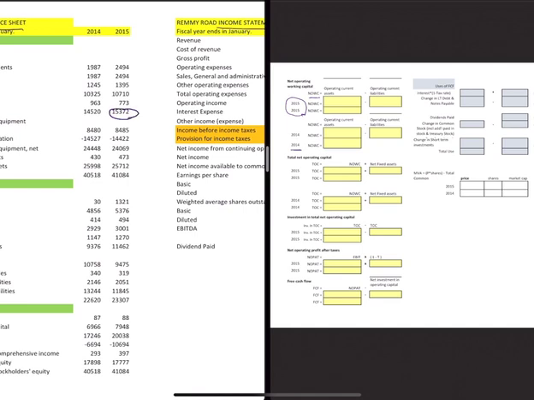Now, if we had short-term investments, we would deduct it from this amount, but we do not have any if we look, right? These are our assets. These all are included in our total current assets. So we have $15,572.